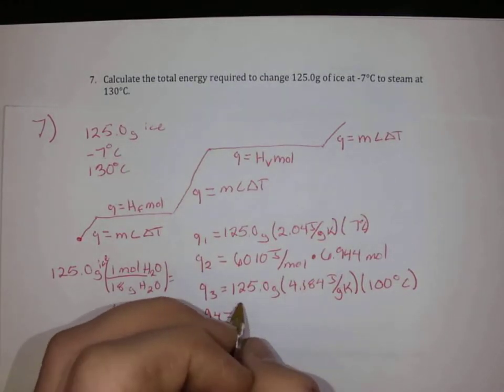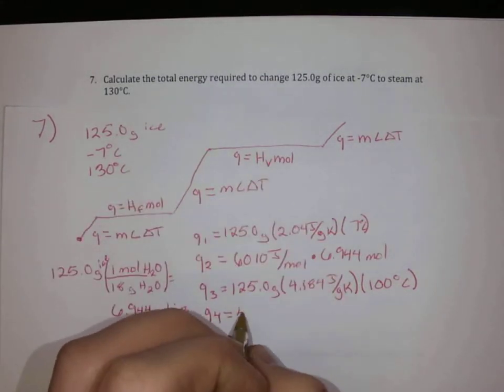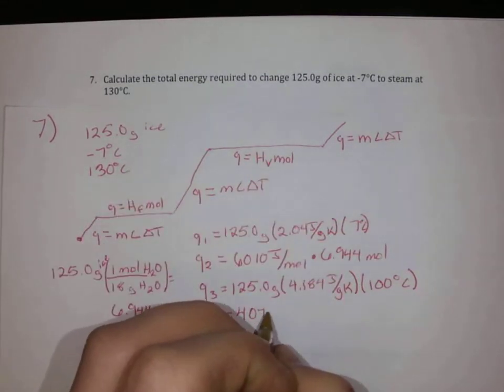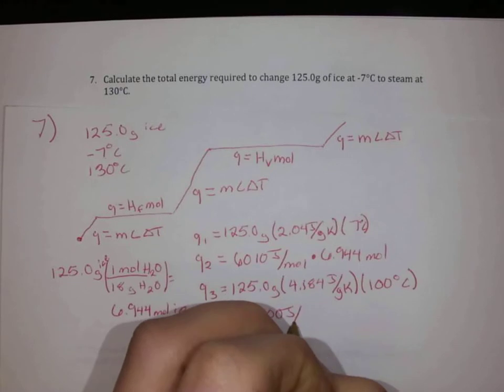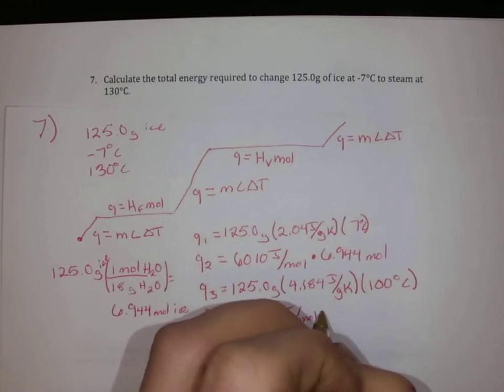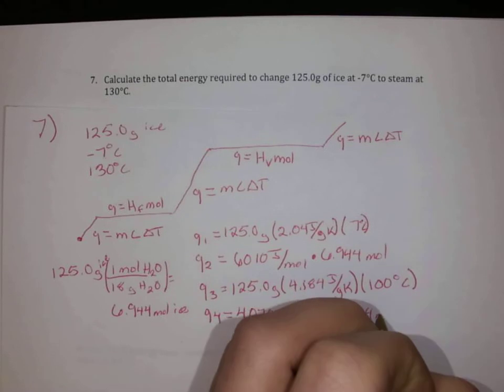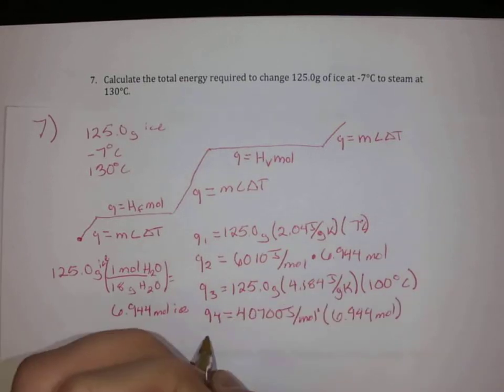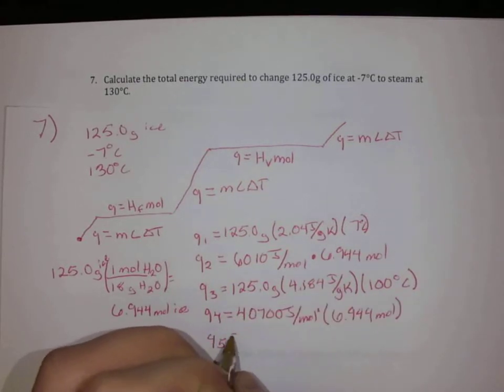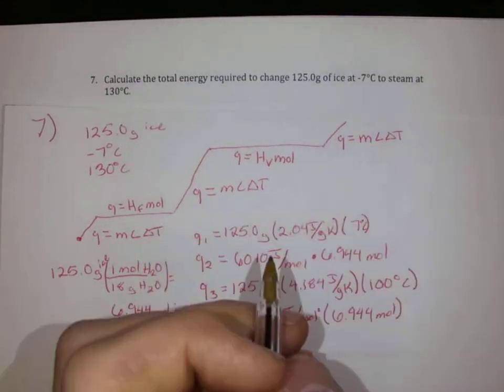So that's going to be HV, which is 40,700 joules per mole. We still have the same number of moles, so we multiply by 6.944 moles.